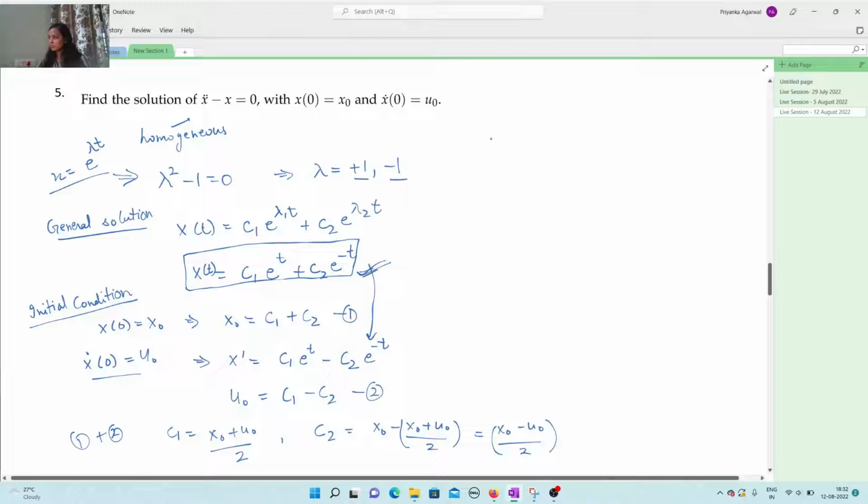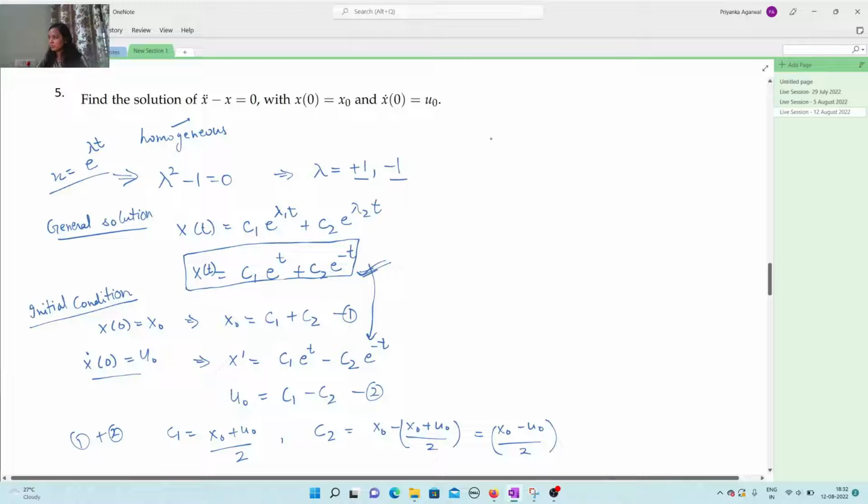So basically, the simplest way is to write x of t as c1 e to the power lambda 1 t plus c2 e to the power lambda 2 t, and here in this case lambda 1 will be 1 plus 2 iota and lambda 2 will be 1 minus 2 iota.